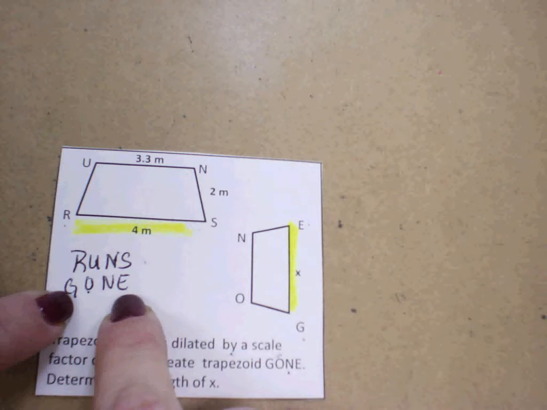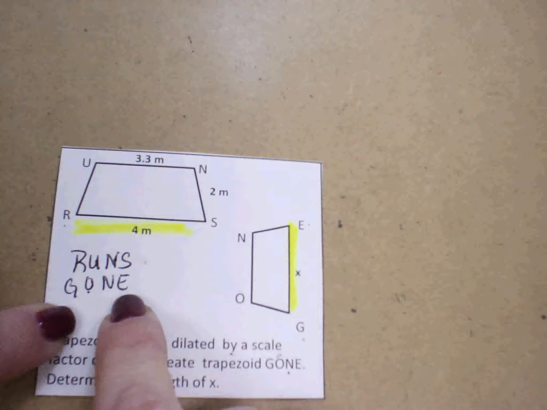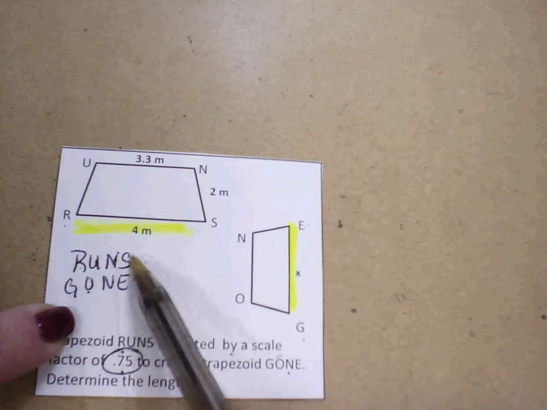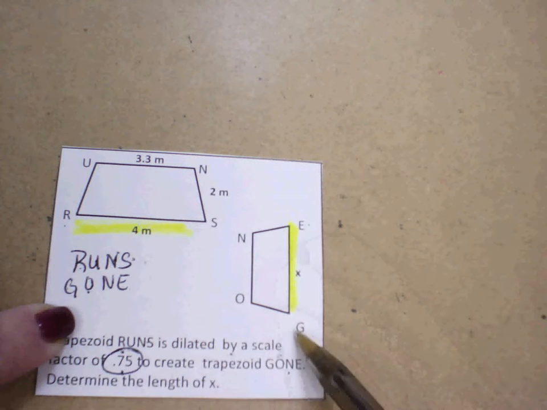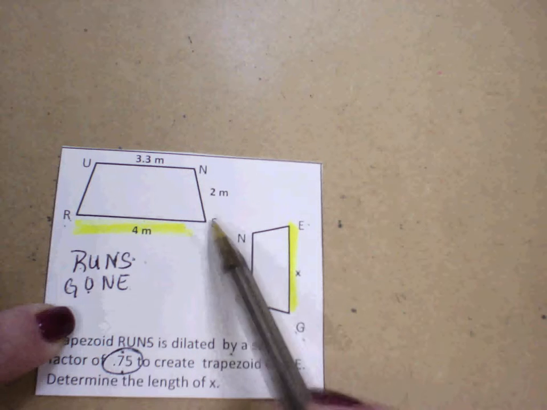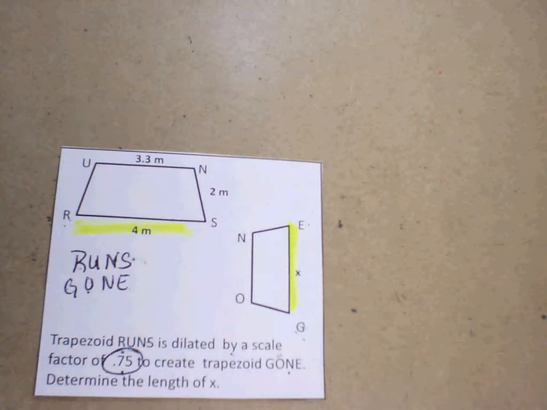Didn't I teach you to do this? RS to GE. Okay, Jonathan, hurry up and cut. I need you to finish cutting, baby. RS to GE. GE, RS.